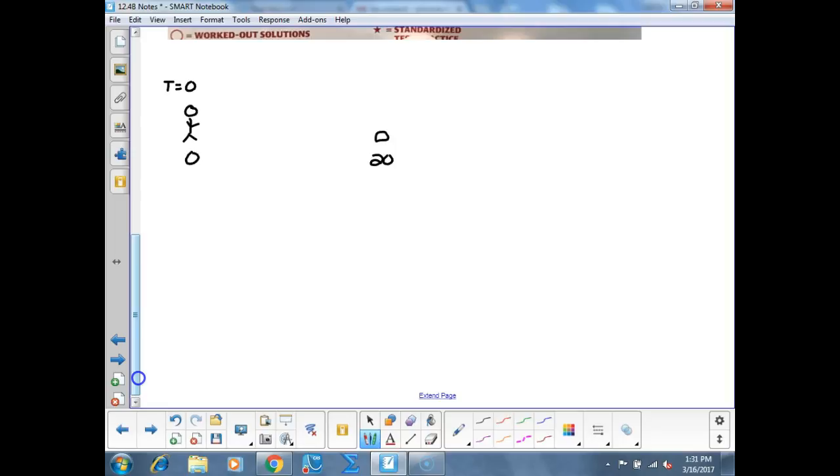At t equals 1, Achilles is now here, but the tortoise is at 30. At t equals 2, the tortoise is at 40, and so is Achilles.